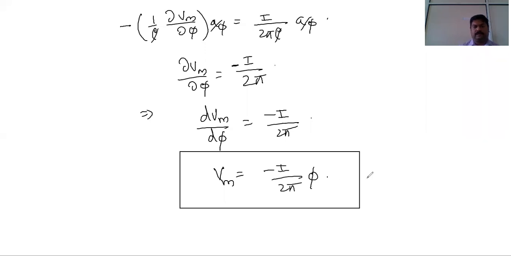So we have arrived at some equation, let us say 3. Now concentrate on this equation. We have a problem here. What is that problem? I'll just write the equation again, minus I by 2 pi into phi. Let us say this is the infinite line I have.